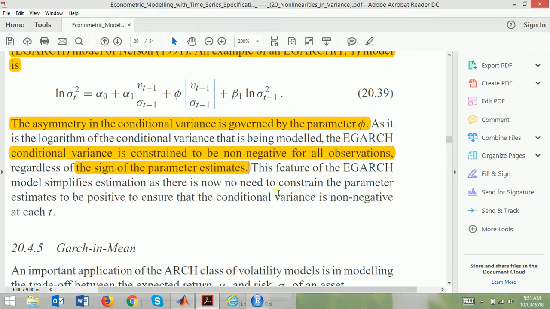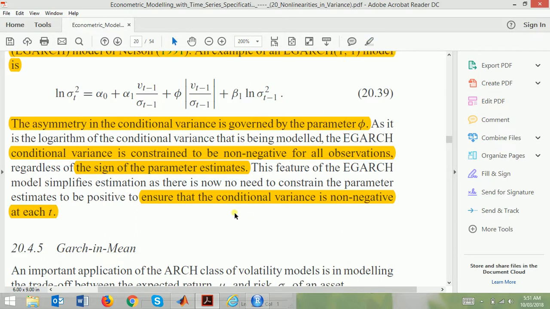This feature of the model simplifies estimation, as there is now no need to constrain the parameter estimates to be positive to ensure that the conditional variance is non-negative at each t.